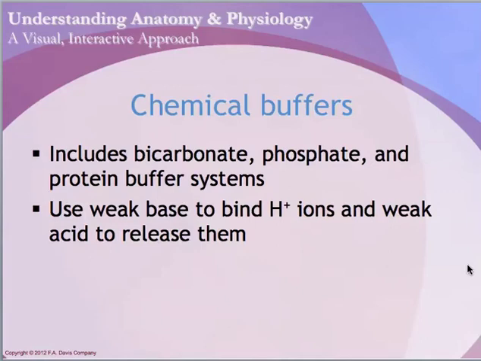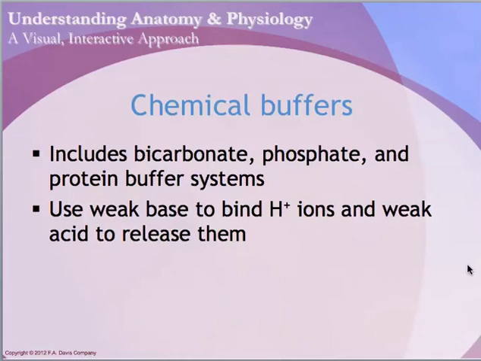If we're picking up hydrogen ions and getting rid of them or binding them to something, we're going to make that solution more alkaline. So in buffer systems, there's the bicarbonate buffer system, phosphate buffer system, and protein buffer systems. But all three systems are working all the time. And really what they do is they use a weak base to bind a strong acid or hydrogen ions. They neutralize it and make a weak acid.